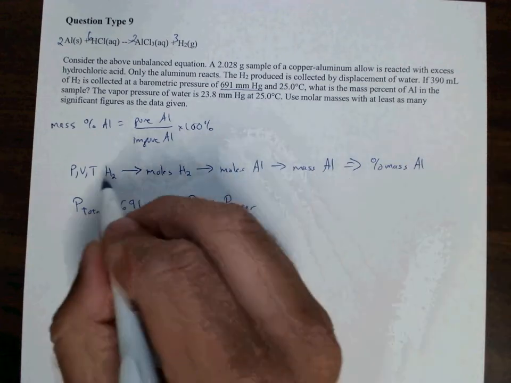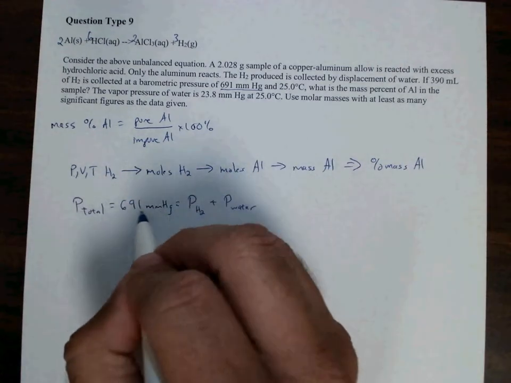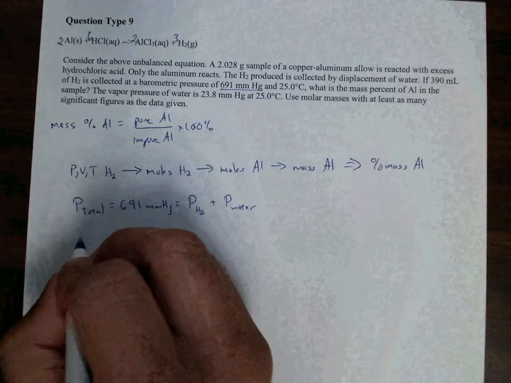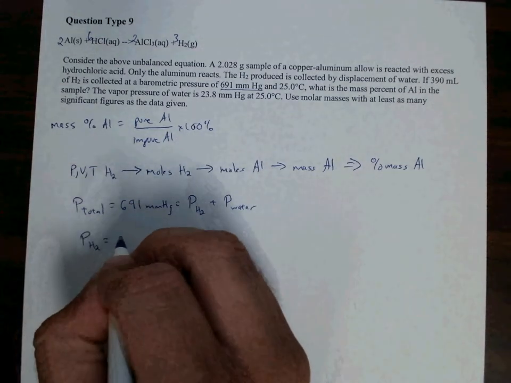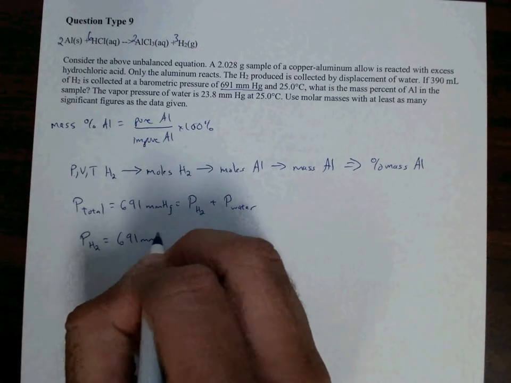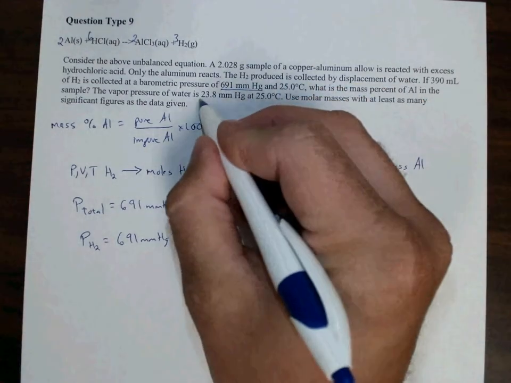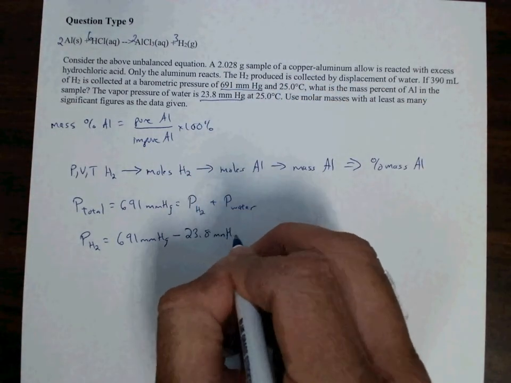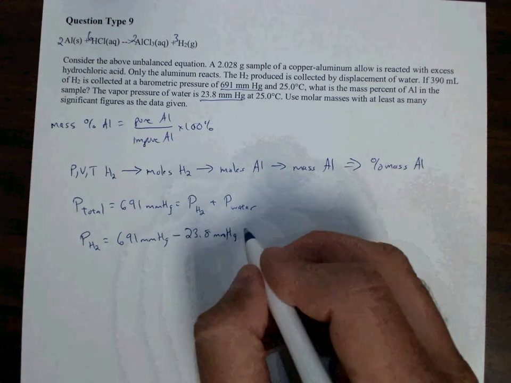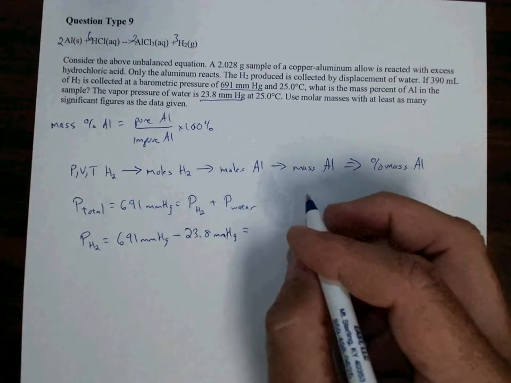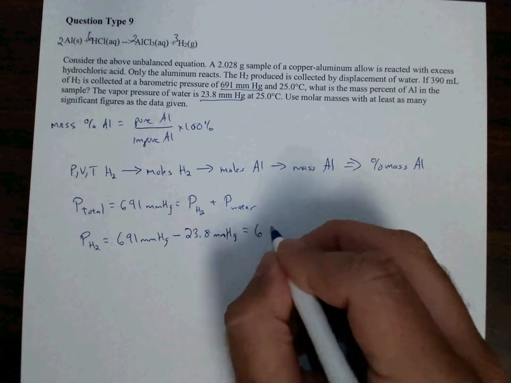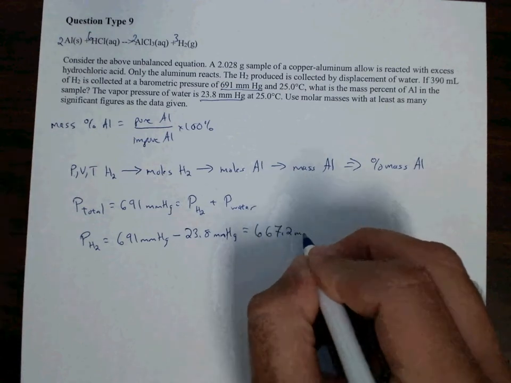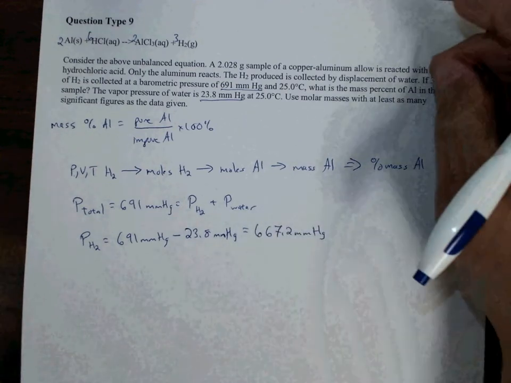So in order to find the pressure of H2 that we need up here, we have to rearrange this. Pressure of H2 is going to be 691 millimeters of mercury minus the 23.8 millimeters of mercury from the water. That turns out to be 667.2 millimeters of mercury.